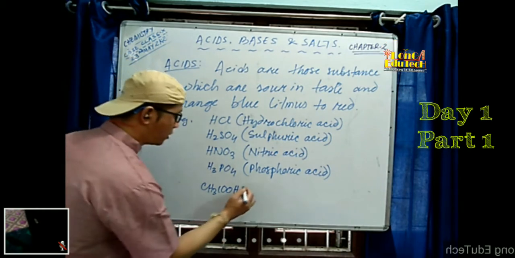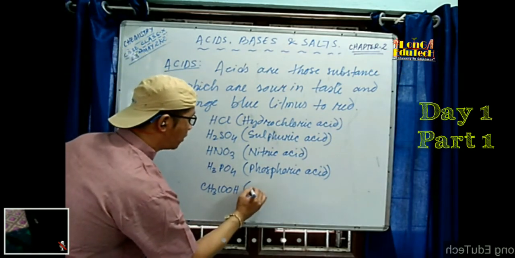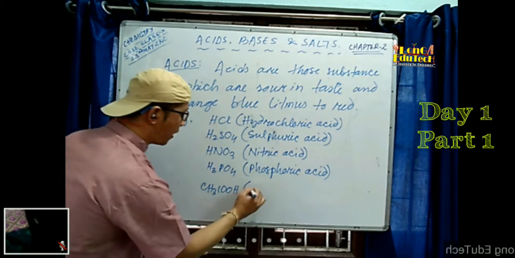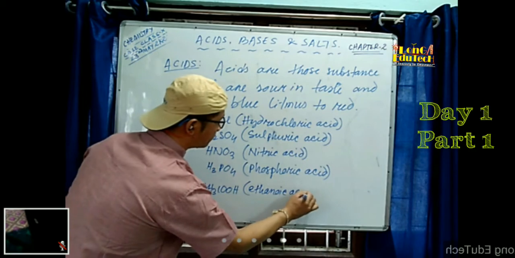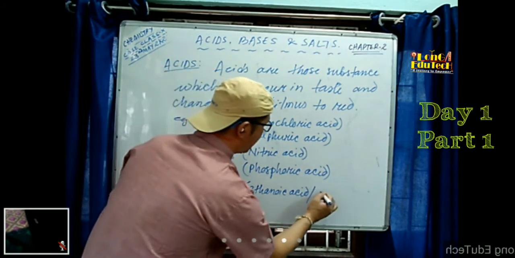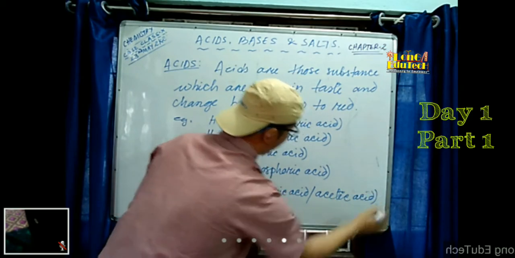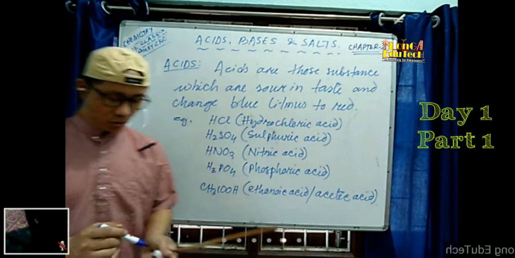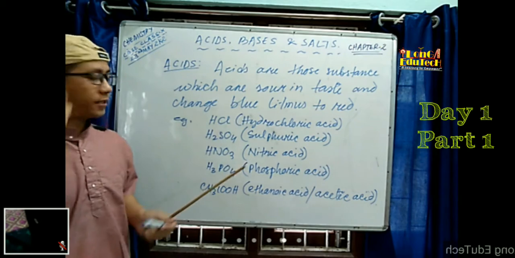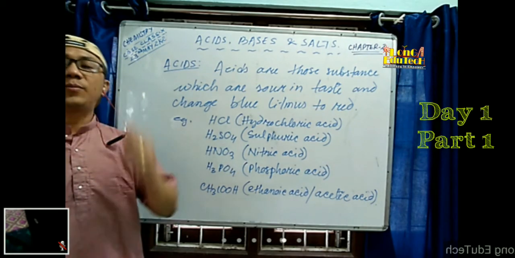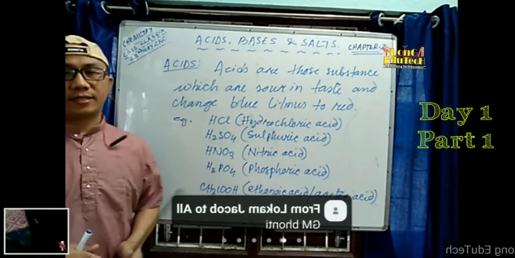Its name is ethanoic acid, or it is also called acetic acid. It has two names. Many other acids are also there. These are some of the examples I am giving here. This is the simple general concept of the acids.